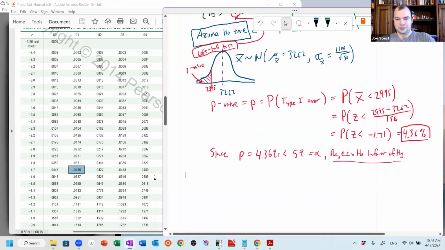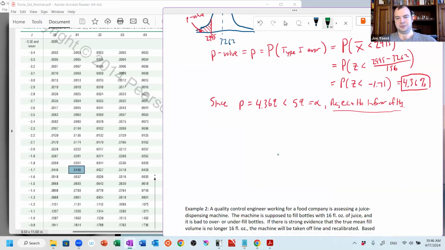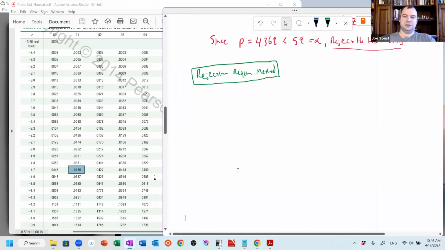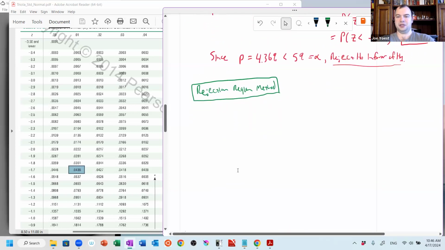We talked about another method, the rejection region method. And then there's also a third method, the critical value method, that we didn't talk about last time. It's pretty similar to the rejection region method, so we'll lump it in with this discussion.